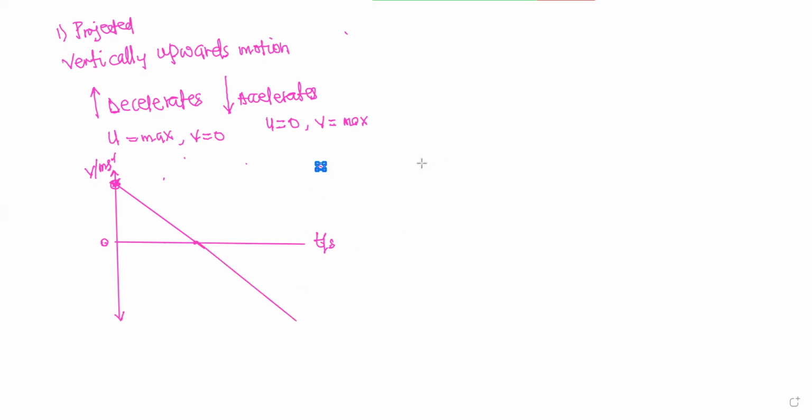Yes, I saw some of you giving me this graph for the v-t graph.